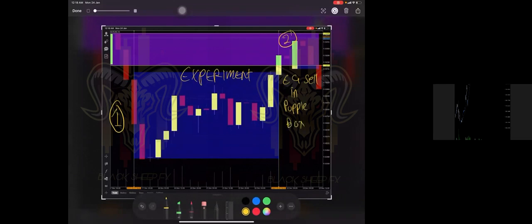So now, conclusion. Potential sell direction. Remember, it's direction. We get direction from this setup, not entry.